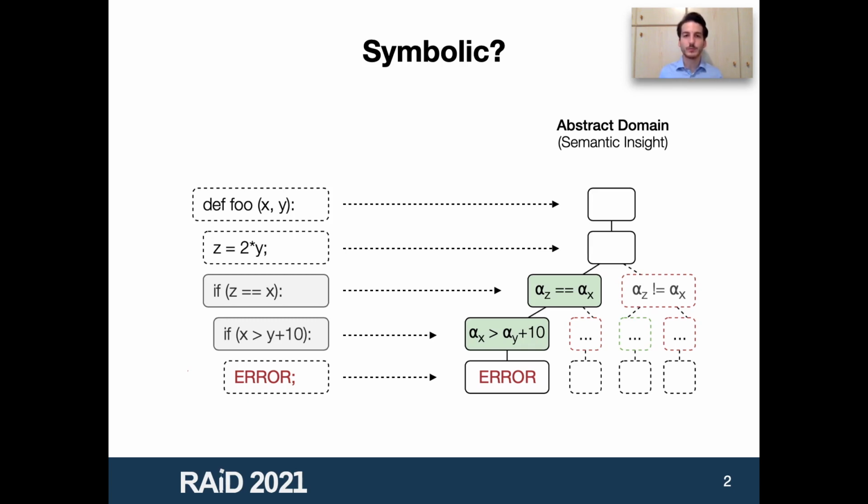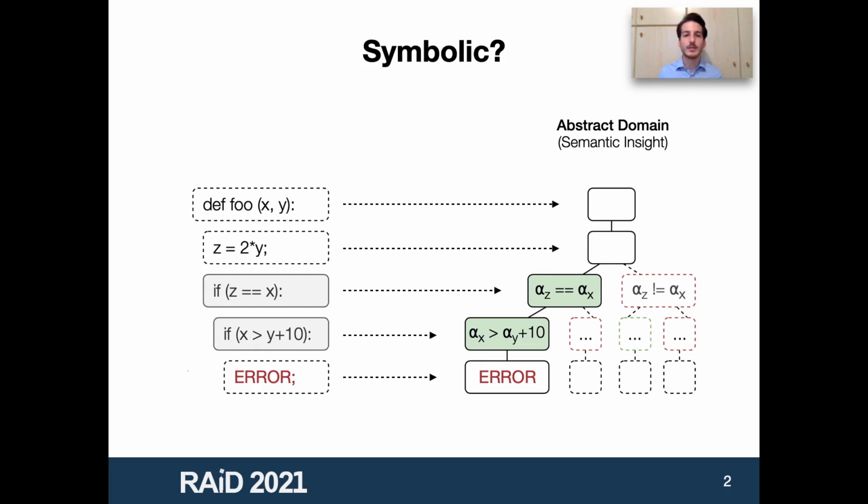In the example, in order to reach the error state, the symbolic execution engine will accumulate the constraints x equal to z after the first if instruction and x greater than y plus 10 after the second if instruction.